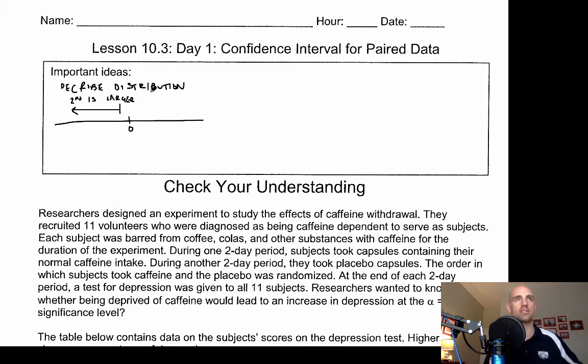Because if it's on the negative side, that would mean the second one was bigger. If it falls on this side, that would mean the first is larger. That distribution is going to give me a little idea of where most of my data falls.